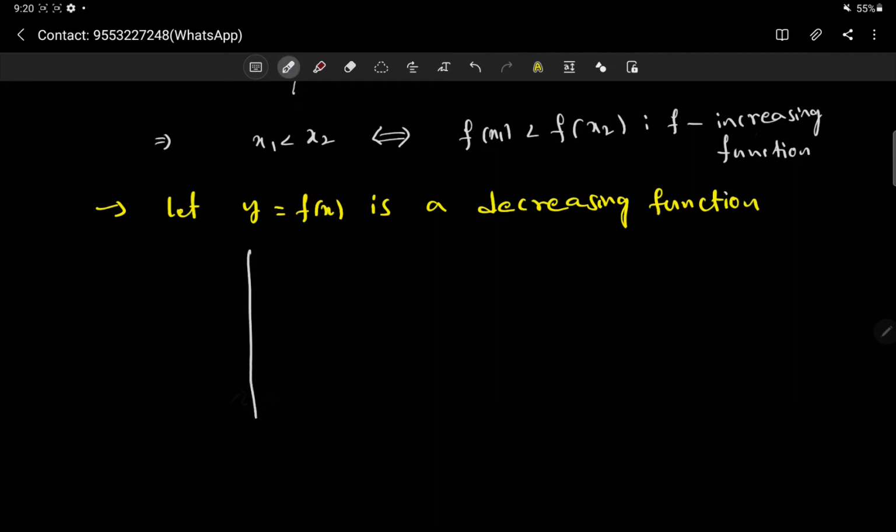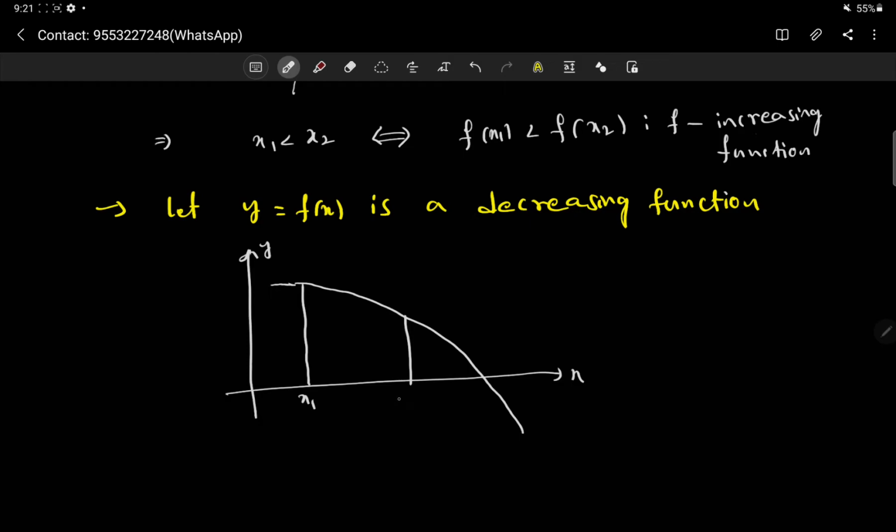This is y-axis and this is x-axis. Decreasing functions means on increasing values of x, y values will decrease, so you may have a graph like this. This is x1, this is x2, x1 less than x2 here. We are getting f of x1 here, and here f of x2. See here, f of x1 is more than f of x2.